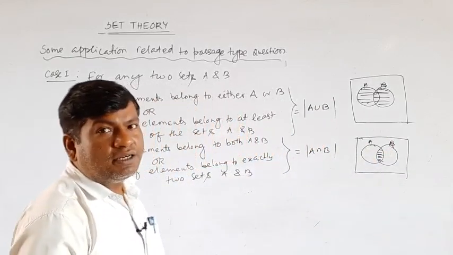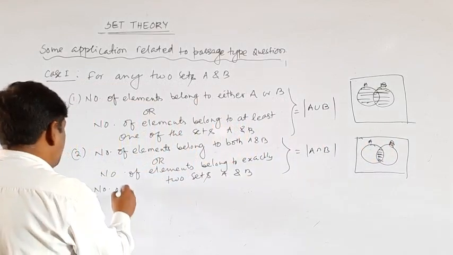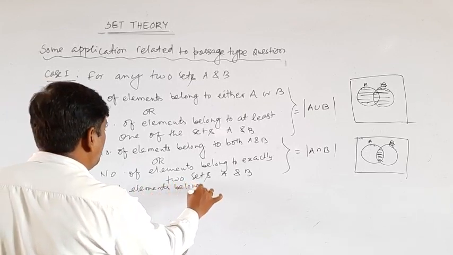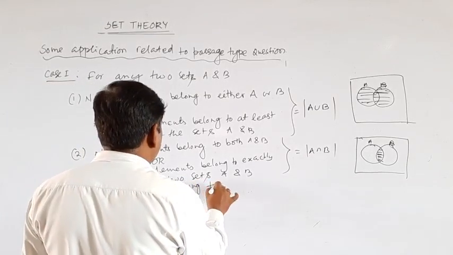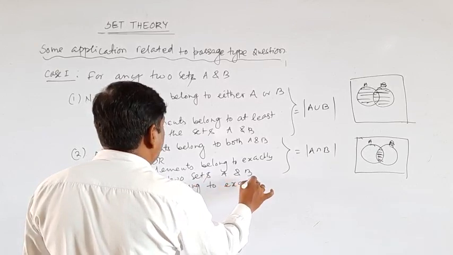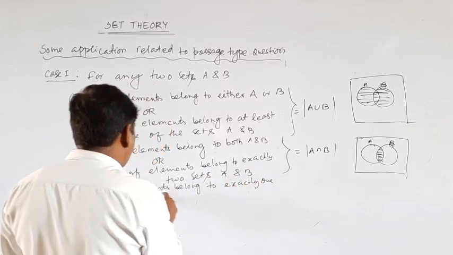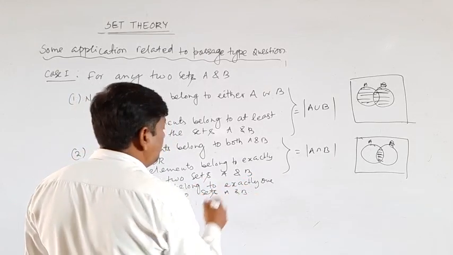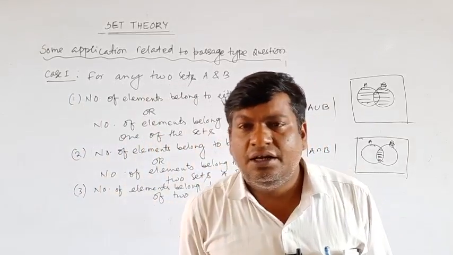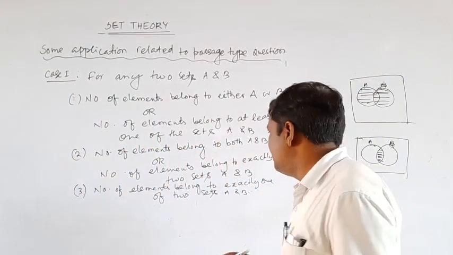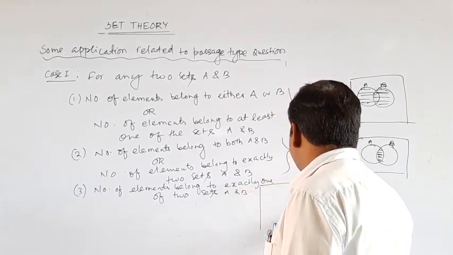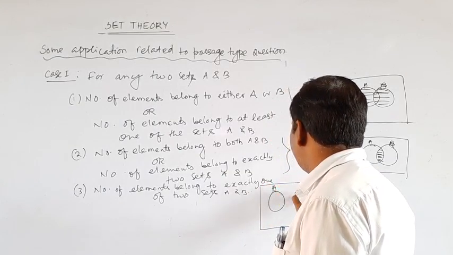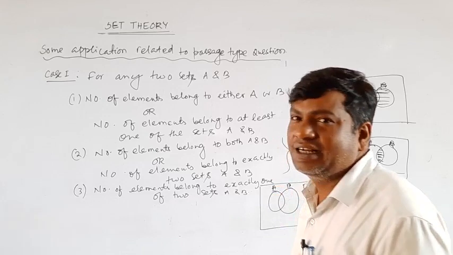Now the third one is number of elements belonging to exactly one of the two sets A and B. What is the Venn diagram? This is the Venn diagram. Exactly one. This is the universal set. This is set A and this is set B. Exactly one means what?